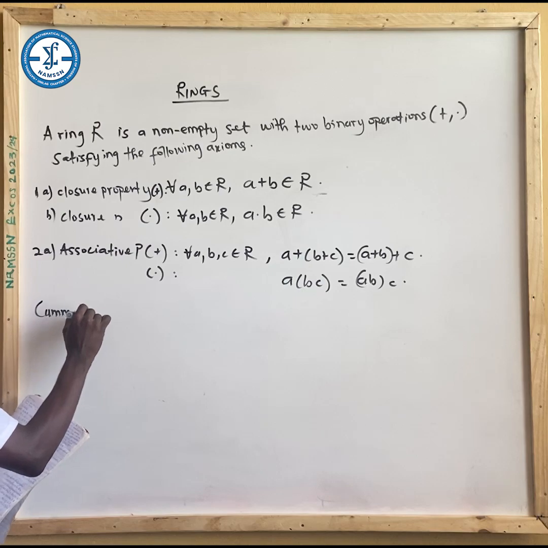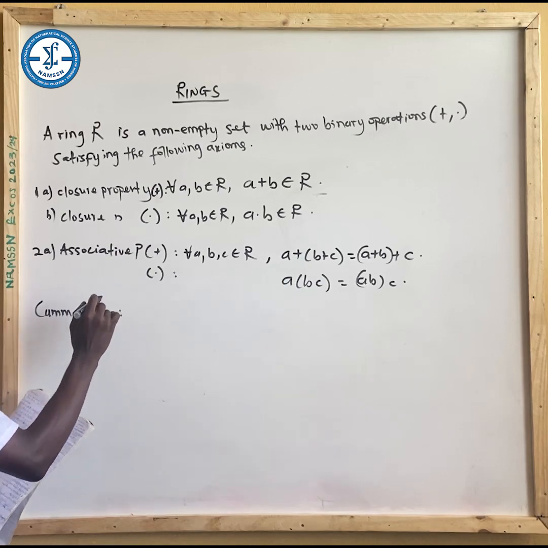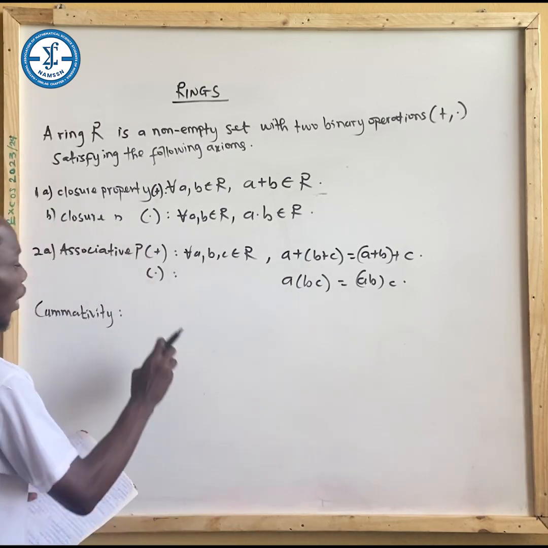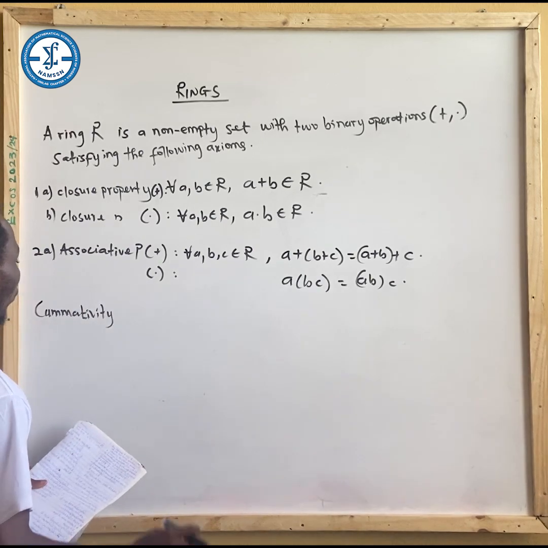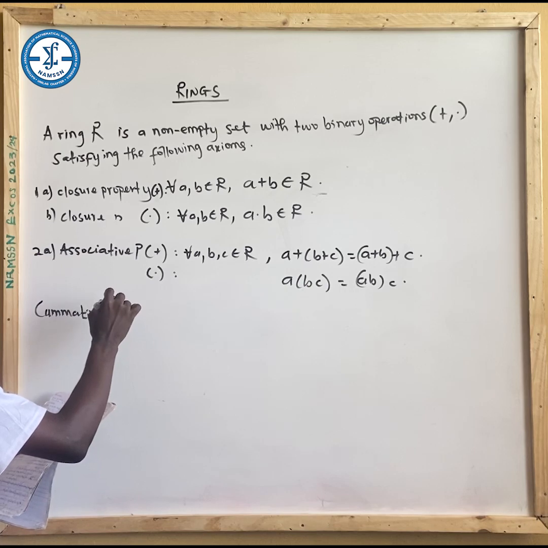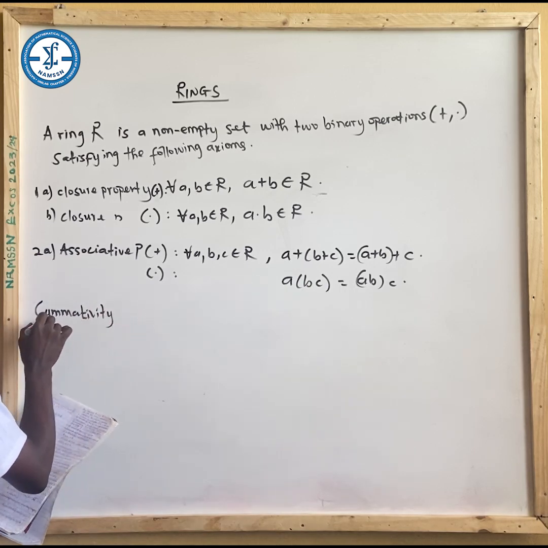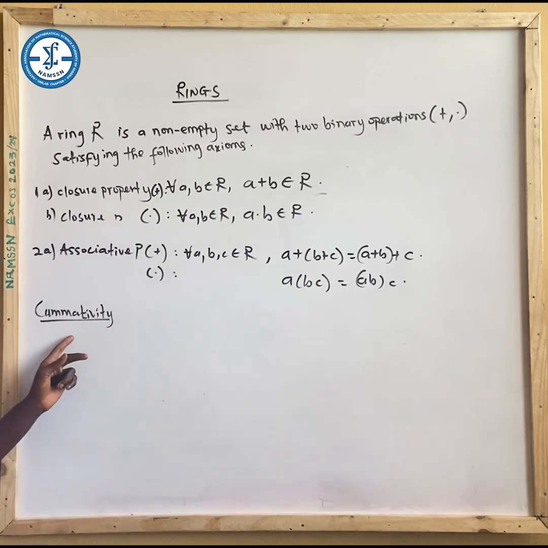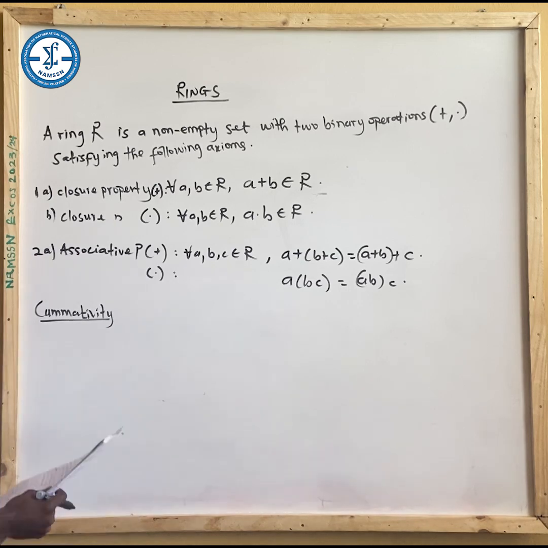Commutativity. Now, if you compare the properties we had in our group with what we have in our rings, there is no commutativity in a group. So you have to take note of that.